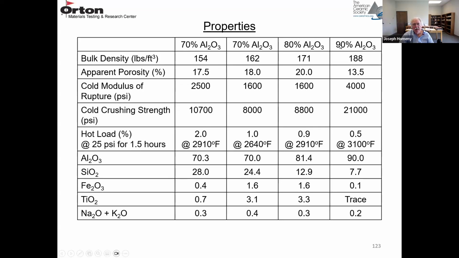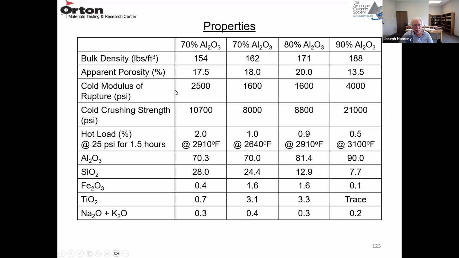So 70, 80, and 90% aluminas. The bulk densities are going up from maybe 150 range to almost 190. The porosity, 13 to 20%. It's just a function of how the material was pressed, the particle size distribution, and the firing temperature. But these are typical porosities up to 20%.